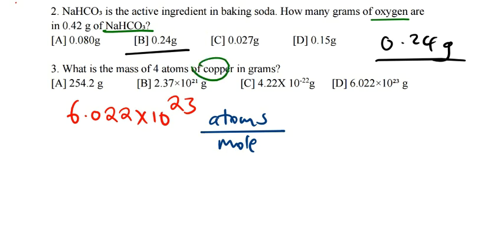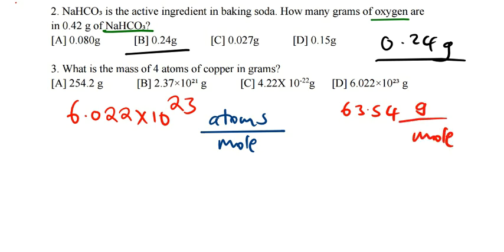Now we are specifically talking about copper. We can get the molar mass from the periodic table for copper, which is approximately 63.546. The units for molar mass are grams per mole.